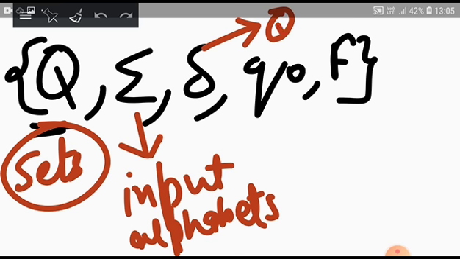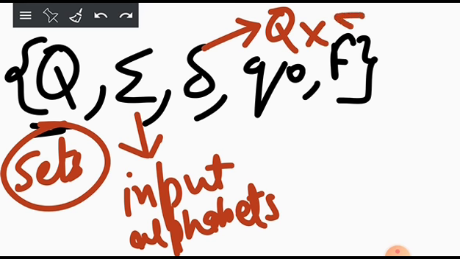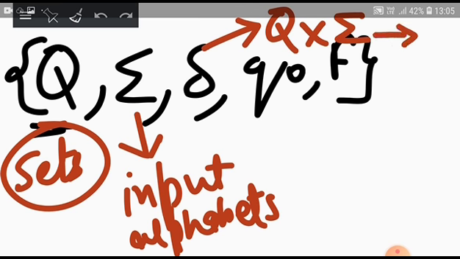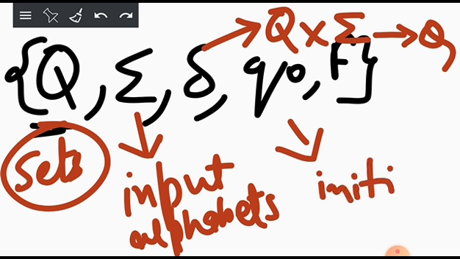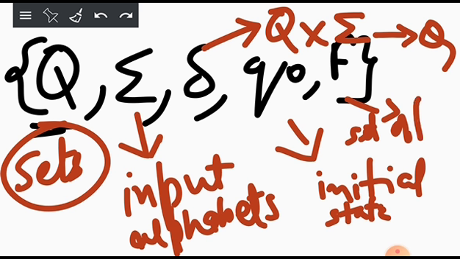Q on getting input sigma moves to Q. Here it means that on getting some input, the state will transition from one state to another state. Next is Q naught, which is representing the initial state. And F is representing all the set of final states.